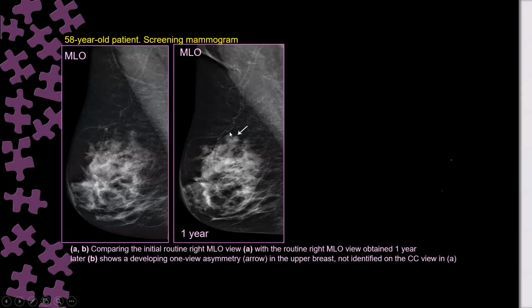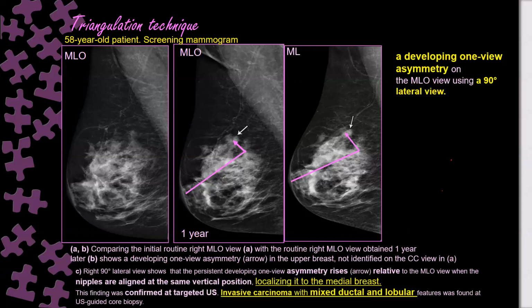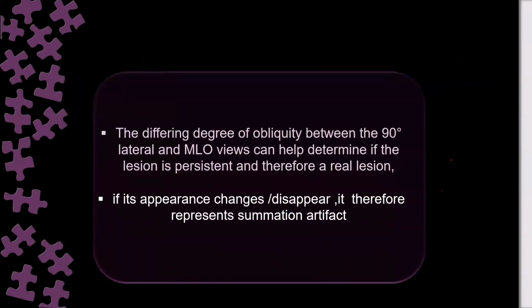In a dense mammogram, if we could not concentrate well, to say this area was free and now there is added density, it will be easily missed. But here, doing another view, it is still present, that means it is real. Ultrasound-guided biopsy demonstrated invasive ductal carcinoma.